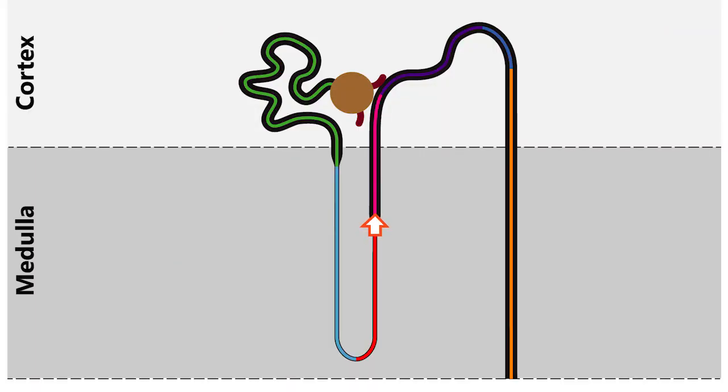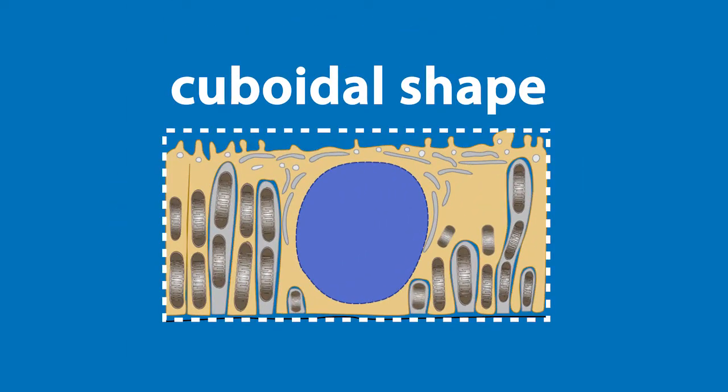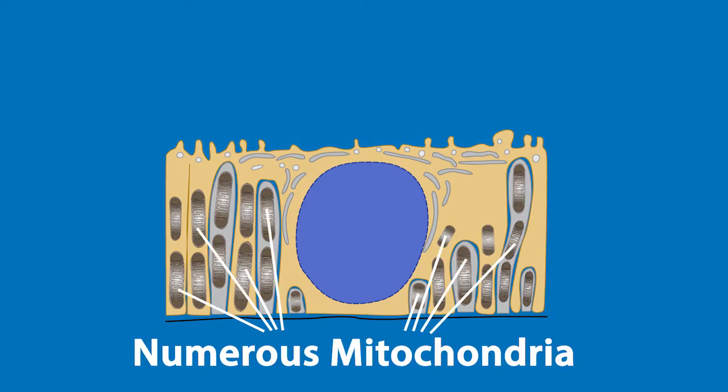Now, once the ultrafiltrate exits the ascending thin limb, it enters the thick ascending limb of the loop of Henle. The thick ascending limb begins in the medulla and ends in the cortex as it passes between the afferent and efferent arterioles. The thick ascending limb cells are cuboidal, have an apical brush border with small and irregular-shaped microvilli, and a moderate number of mitochondria arranged in parallel with basolateral infoldings, which suggests that the thick ascending limb is involved in energy-dependent transport.